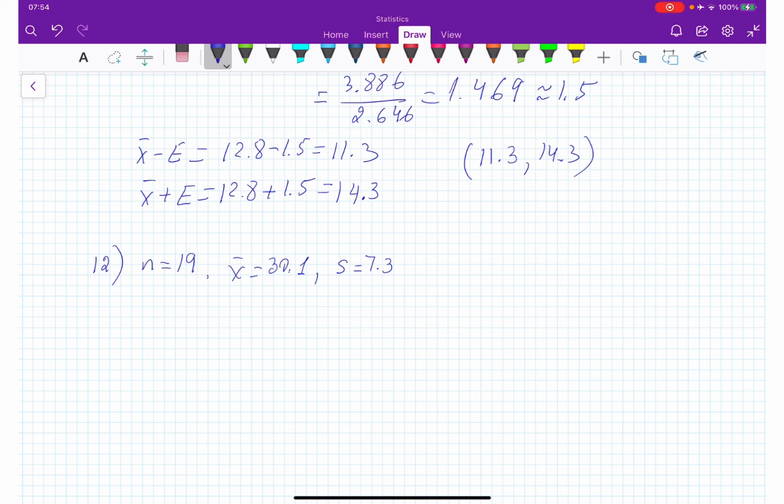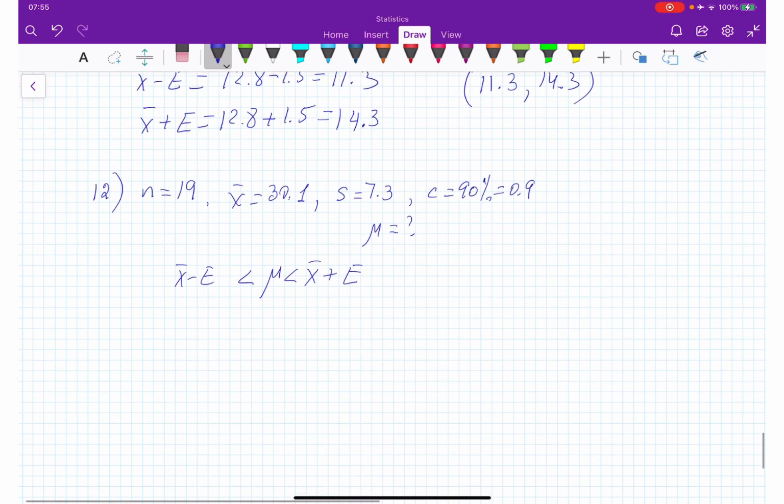So using t-distribution, construct 90% confidence interval, which we put 0.9, for the population mu. So we need to find mu, where mu is greater than x bar minus error, less than x bar plus error. Okay, so x bar is given, all we need to find out is our error.